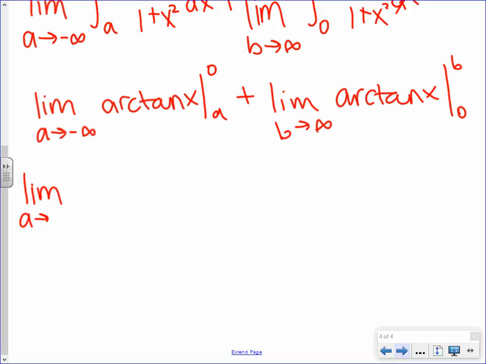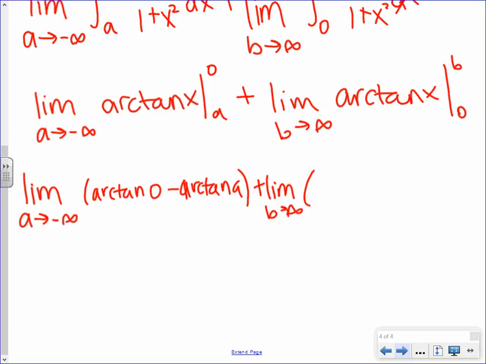So we have the limit as a approaches negative infinity of the arctangent of 0 minus arctangent of a, plus the limit as b approaches infinity of arctangent b minus arctangent 0.